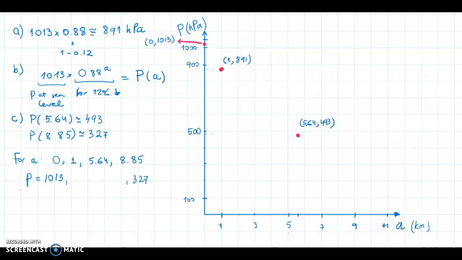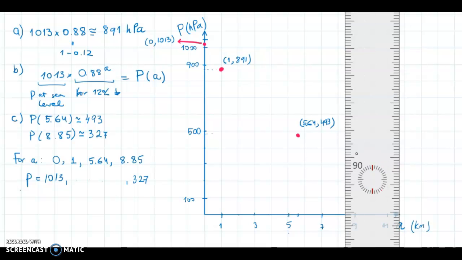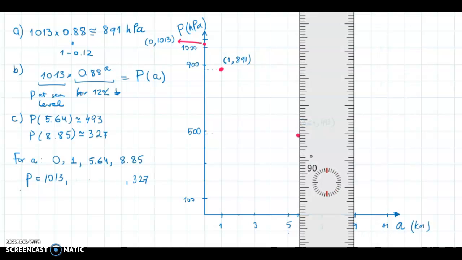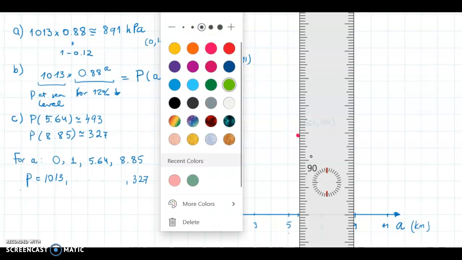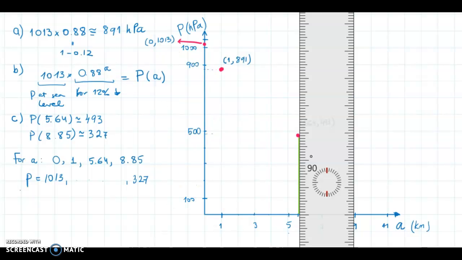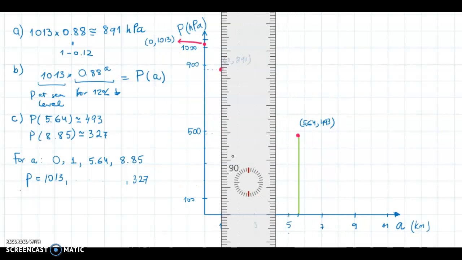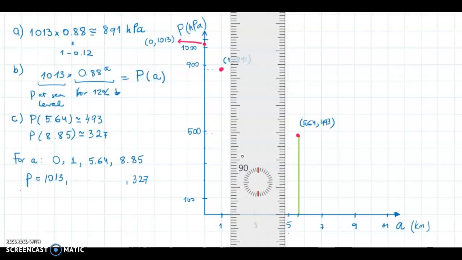Let me use another color to add some lines to be able to read the graph more nicely, just thinner lines. I think it will look nicer. I have one here to mark and another one here.